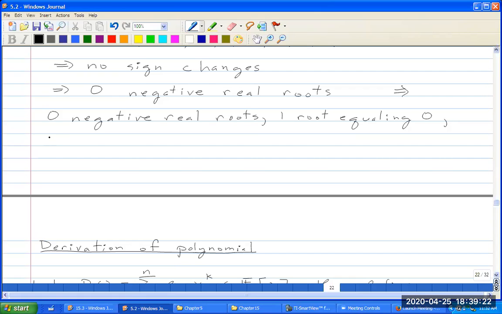There are no positive real roots. And so then the other roots, all but one of them, are complex. So there are 8 non-real roots, and they're all given in 4 pairs. So 4 complex conjugate pairs.